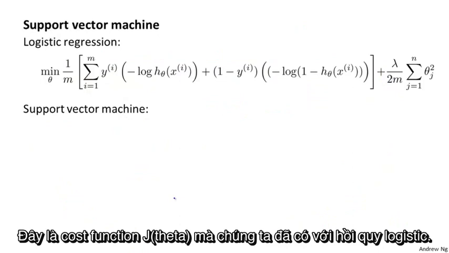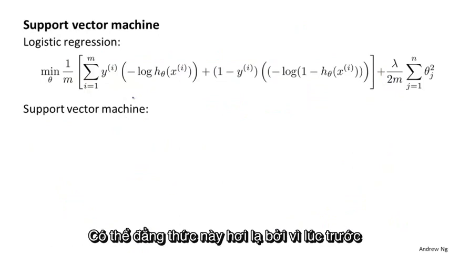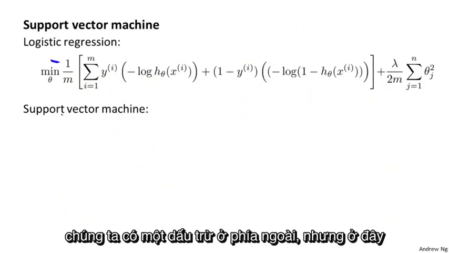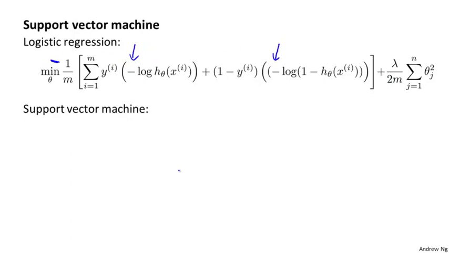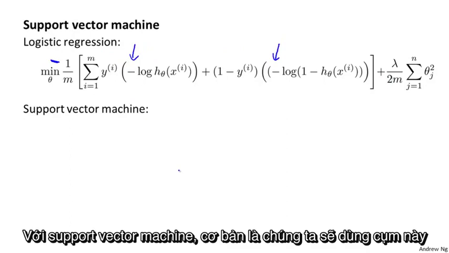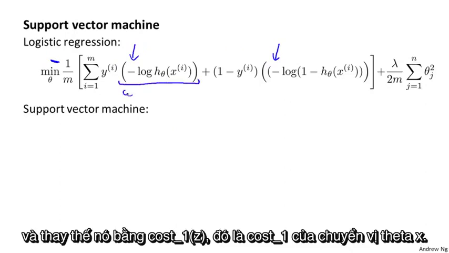Here's the cost function J of theta that we had for logistic regression. In case this equation looks a bit unfamiliar, it's because previously we had a minus sign outside, but here I instead moved the minus signs inside this expression. So it just makes it look a little bit different. For the support vector machine, what we're going to do is essentially take this and replace it with cost 1 of z, that is cost 1 of theta transpose x.